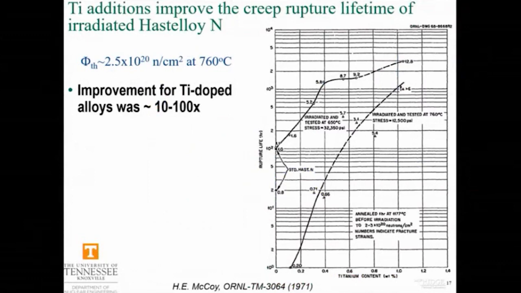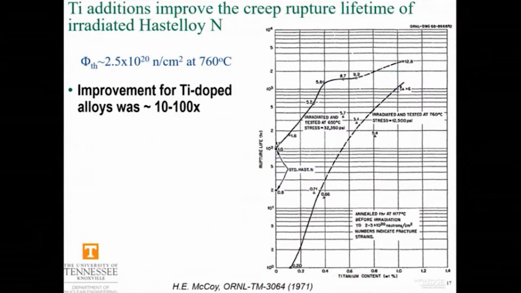This is material that was irradiated at a quite high temperature at a modest thermoneutron fluence, and comparing the rupture life of this material tested at two different stress levels and two different temperatures, 650 and 760 degrees centigrade with 32 KSI and 12 KSI stress levels.